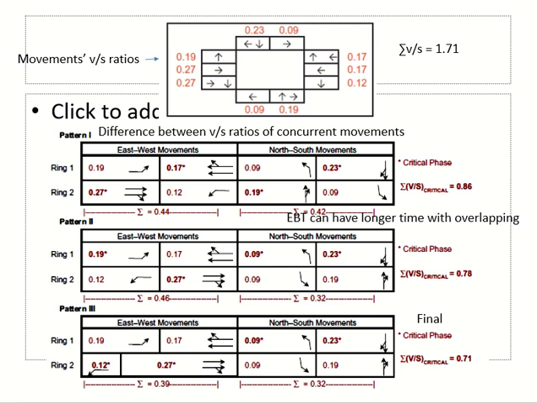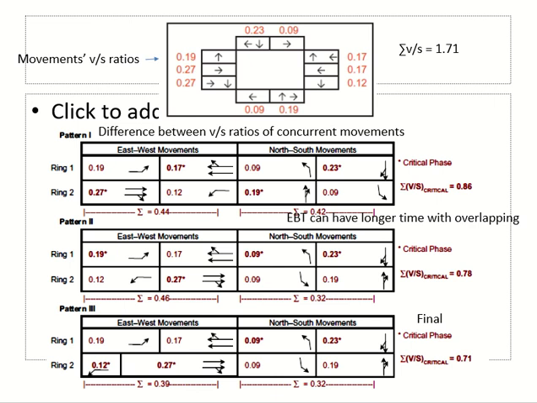Became better or not? This is an indication that we did something good. If you are trying different things and V by S ratio is decreasing, that means it's becoming more and more beneficial. It's becoming better. Clear?